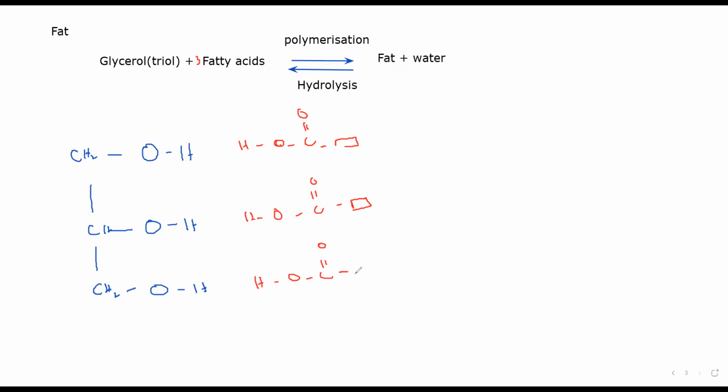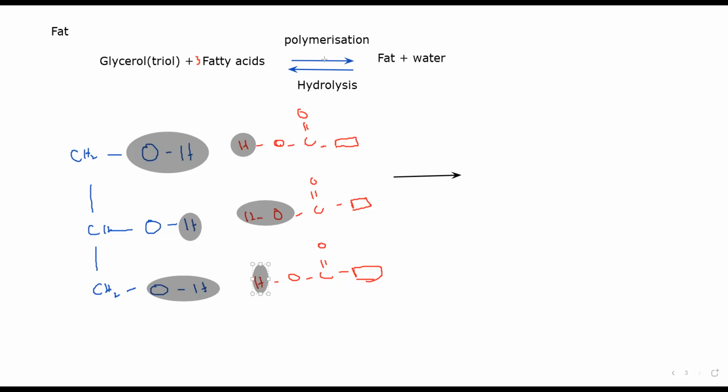And the box means there are carbon atoms, but we don't bother about how many are there because that will not make a difference to the reaction. How they react with each other: if carboxylic loses its H, alcohol will lose its OH. If alcohol loses its H for reaction, carboxylic will lose its OH. So one side H and another side OH must be removed to form this product.